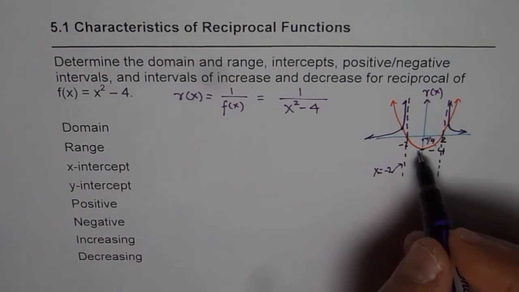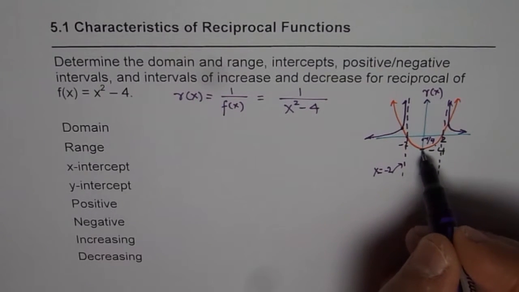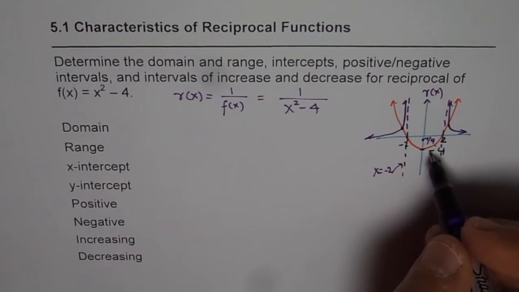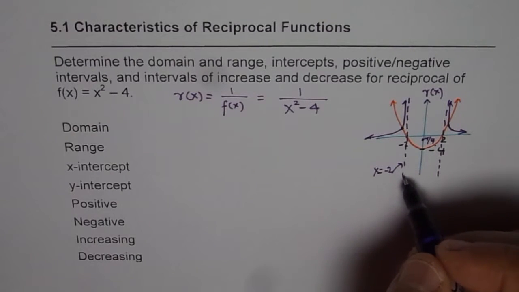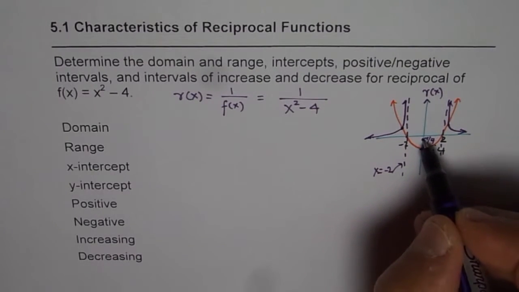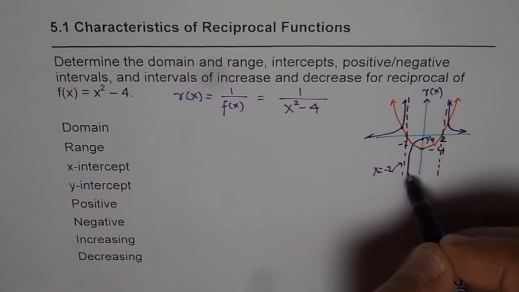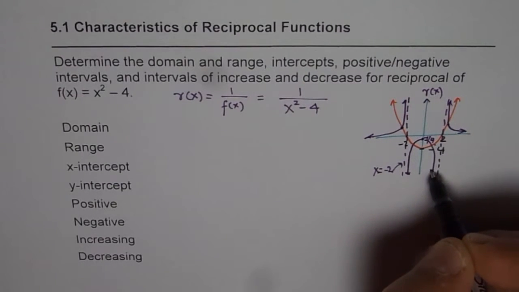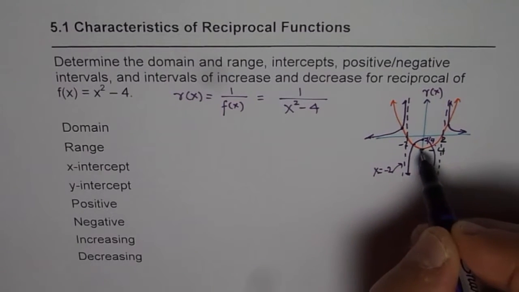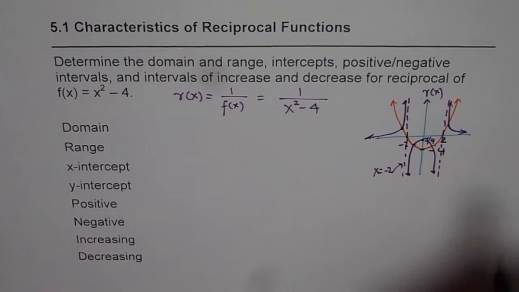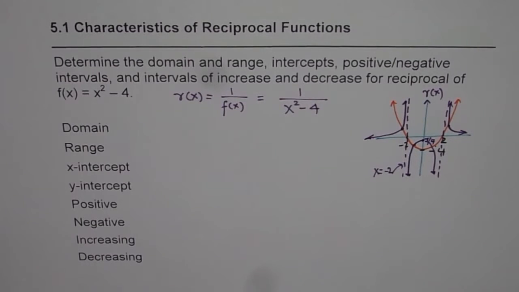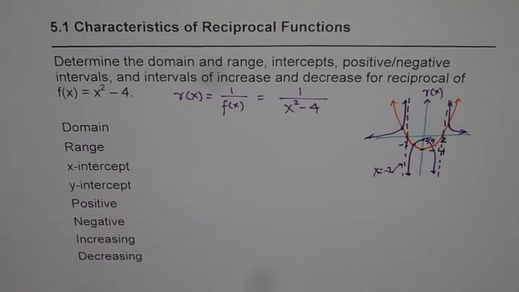The center portion is negative, so the reciprocal will be negative, the minimum becomes the maximum, and as the function approaches 0, the value of the reciprocal approaches infinitely large, right? So here again it will be kind of like this. Do you see that? These are the points where the value of the function is minus 1. So plus and minus 1 are the invariant points. Now we have a rough sketch of the reciprocal function.